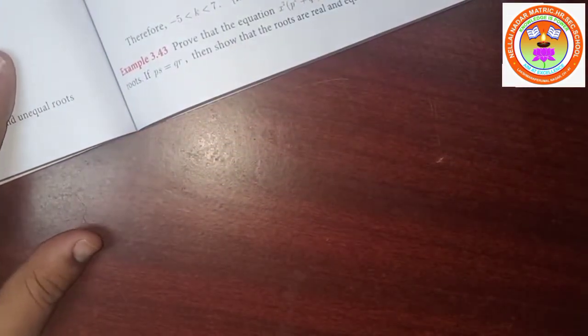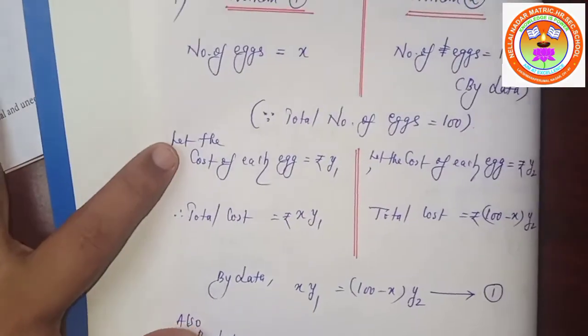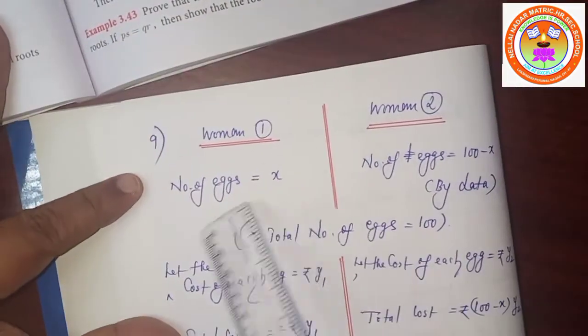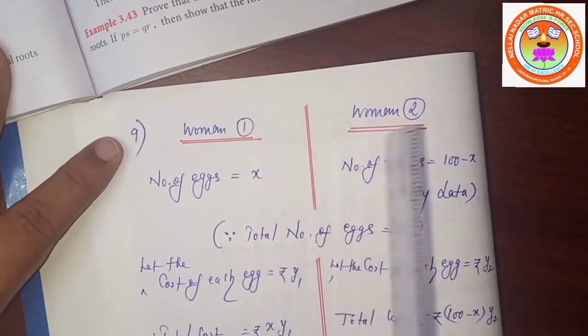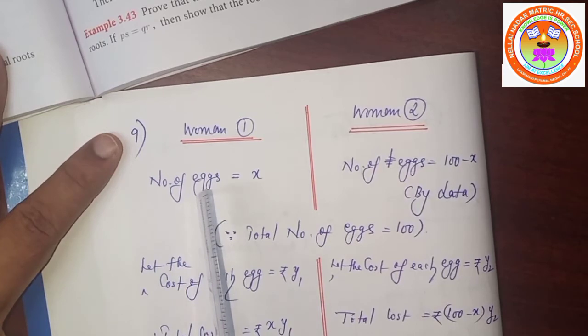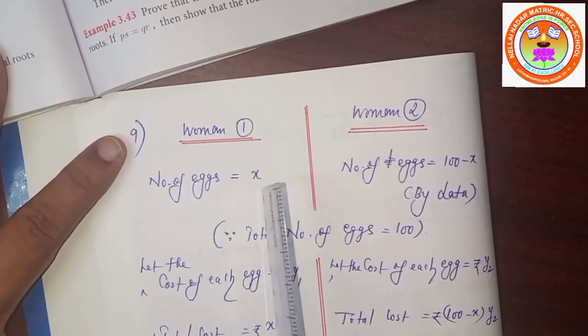Listen carefully. Woman 1 and woman 2. I consider the number of eggs for woman 1 equals x.